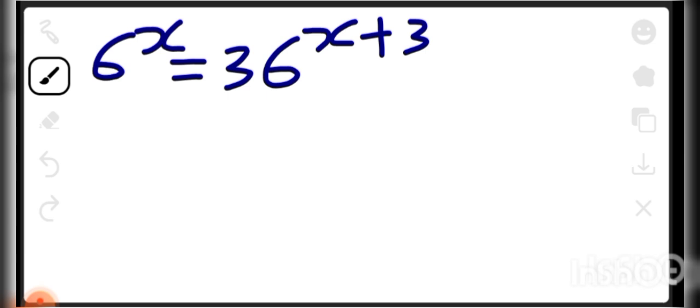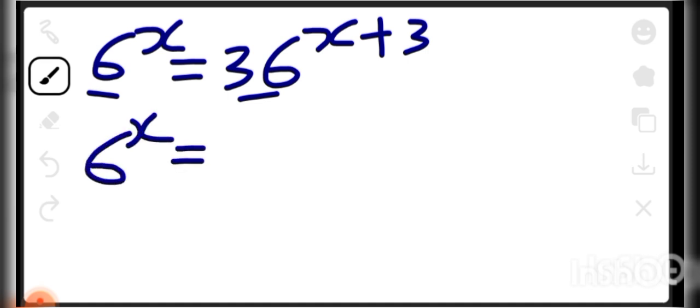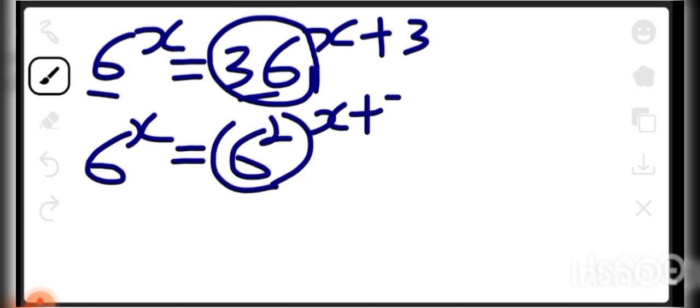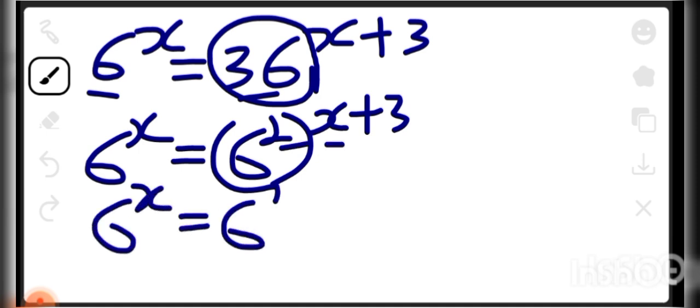We have to make these two bases the same. How? 6 raised to the power x will now be equal to, what will 6 be raised to give us 36? 6 raised to the power 2. Then raised to the power x plus 3. The next thing, 6 to the power x will now be equal to 6 to the power 2 times x, that is 2x, 2 times 3, that is 6.